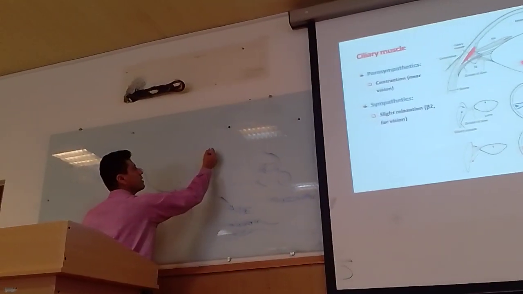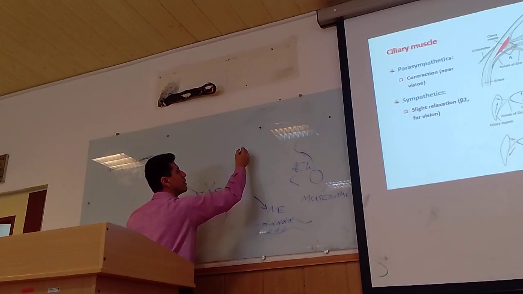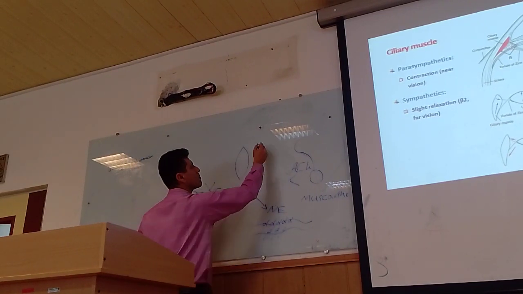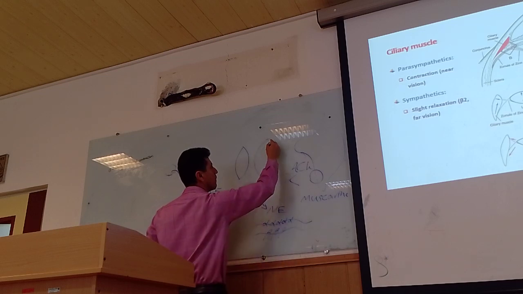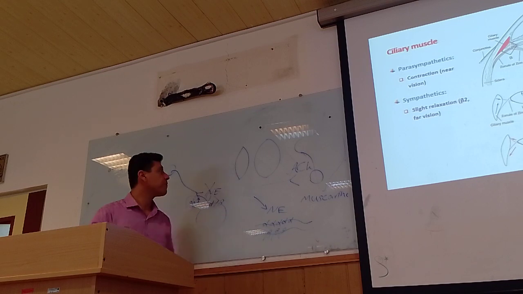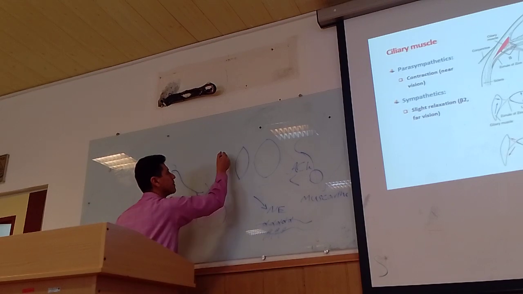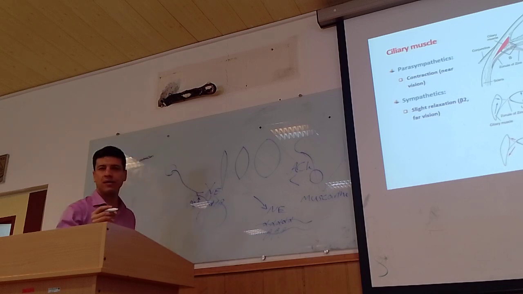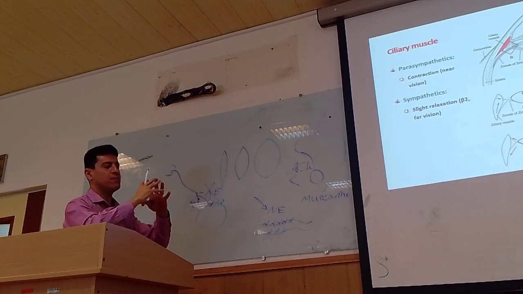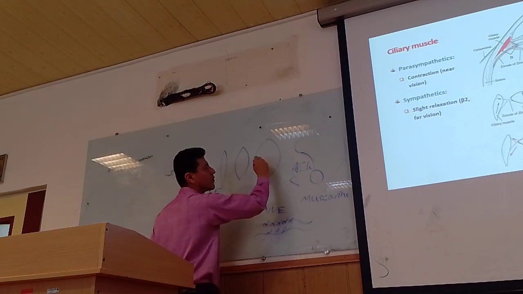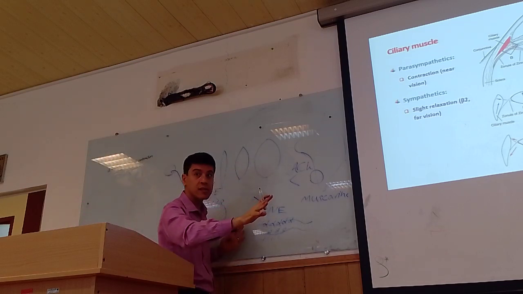So this is the lens. When it is relaxed, it becomes more convex. When it is stretched, it becomes more flat. You know about the lens, that if it becomes more convex, then the refractive power increases.